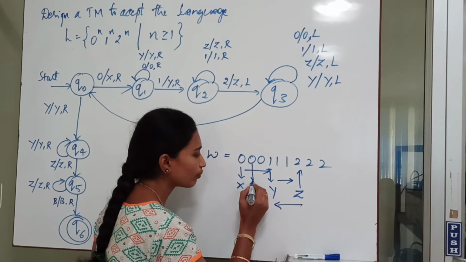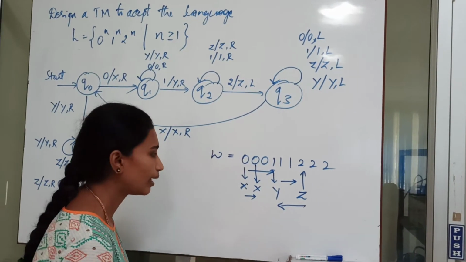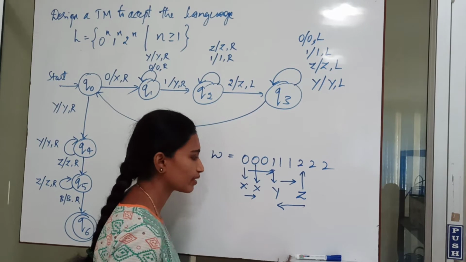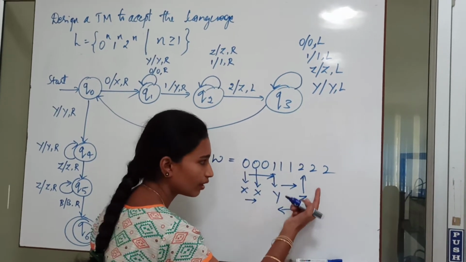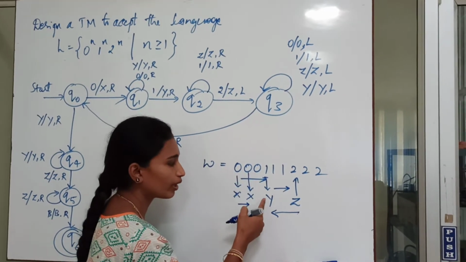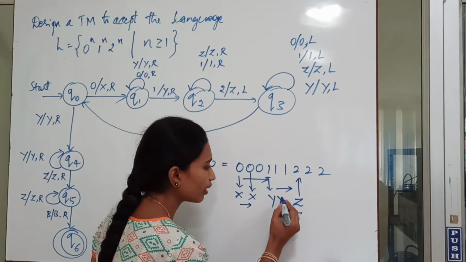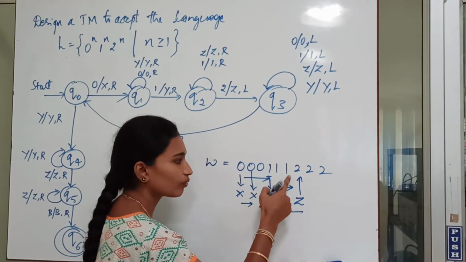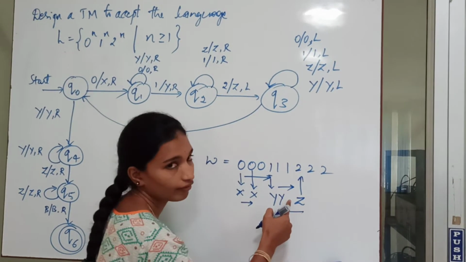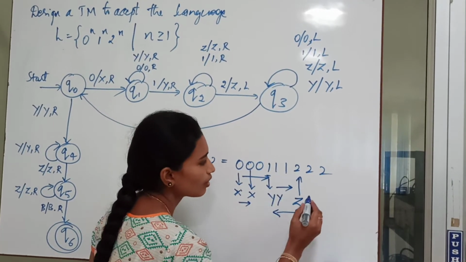Once we obtain the second 0, this 0 has to be replaced by x. Again take a right move. While going right, replace 0 by 0, y by y, and then we encounter 1. This 1 has to be replaced by y, and again we encounter 1, which is replaced by 1 only. Then we are concerned with the second 2.